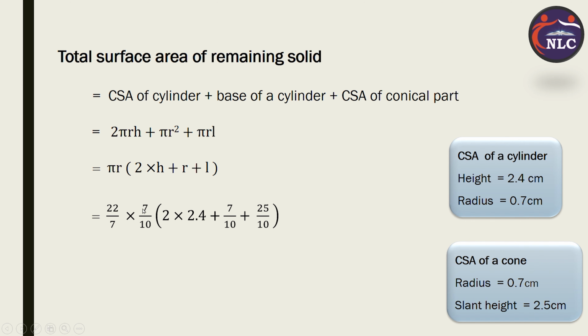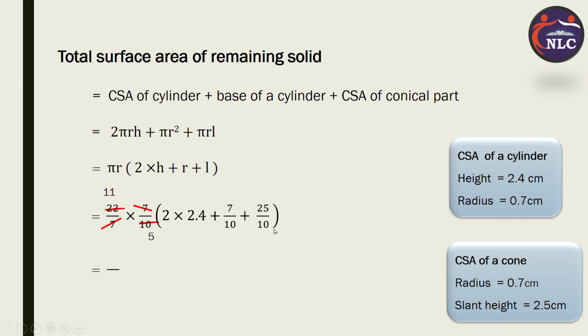So here we can cancel 2 11s are 22, 5s are 25, then 7 also will get cancelled. And this will simplify this term. 2 into 2.4 is 4.8. And this denominator is the same. We can add 7 plus 25.